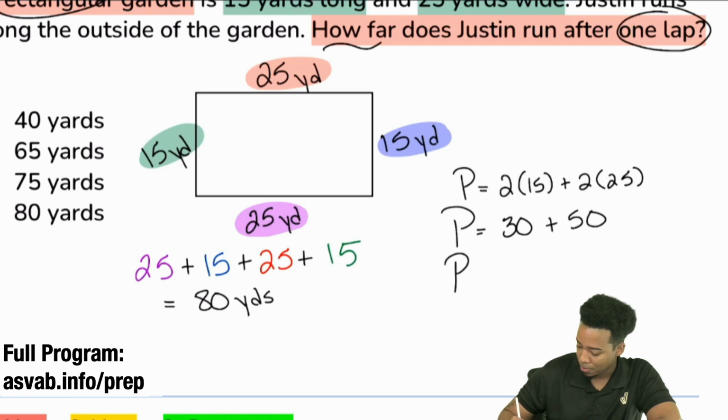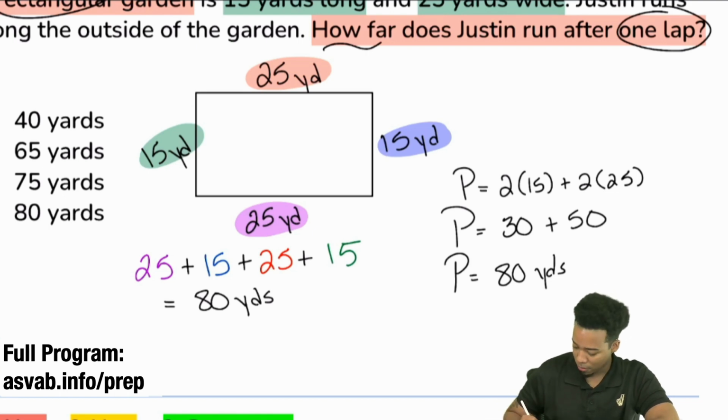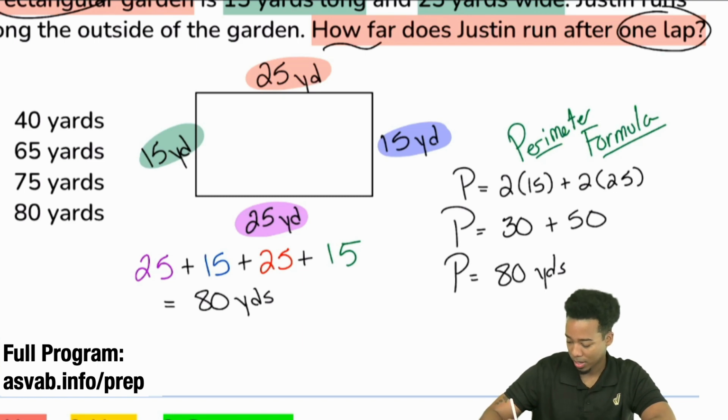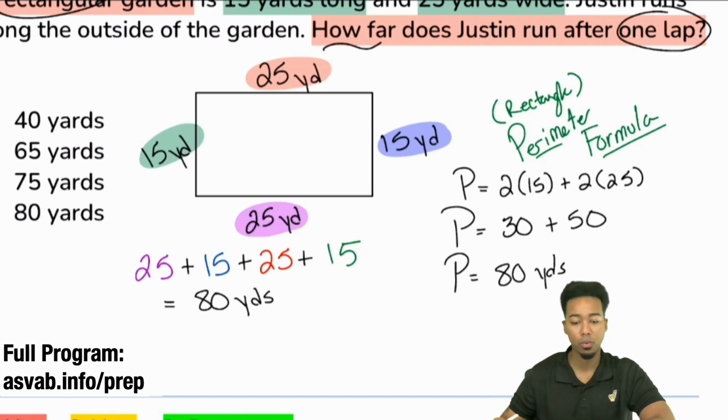And so everybody, 30 plus 50, that'll end up being 80 yards. And again, this is the perimeter formula for a rectangle.